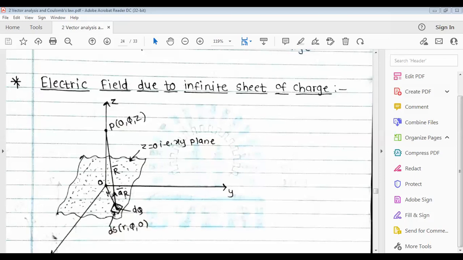You can take the angle also because it starts from the x-axis. But z is equal to 0 because the small area we are considering is at z is equal to 0. Therefore, its coordinates are r, phi, and 0.